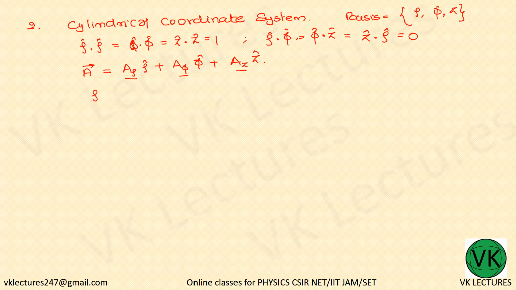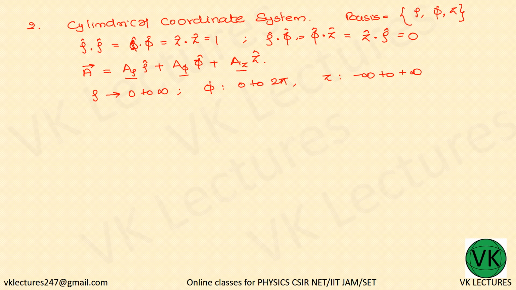Rho ranges from 0 to infinity, phi ranges from 0 to 2 pi, and z ranges from minus infinity to plus infinity.